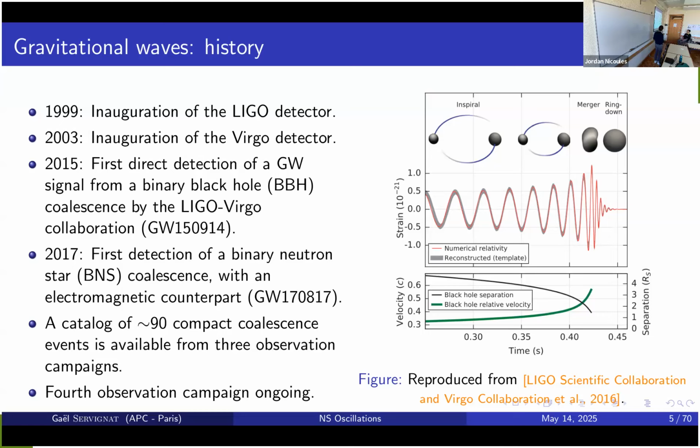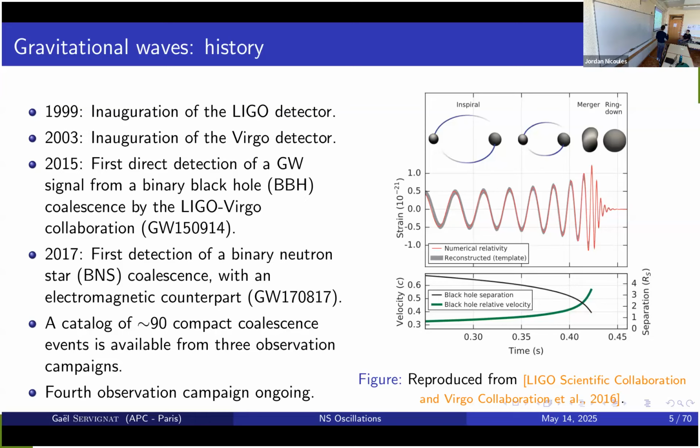How they do it is really technical. But the thing is, there are several stages in the life of a binary of compact objects. First you have this inspiral phase, the one that was detected by Taylor. They orbit around each other, lose energy because of this gravitational wave radiation, and then at some point they will merge.